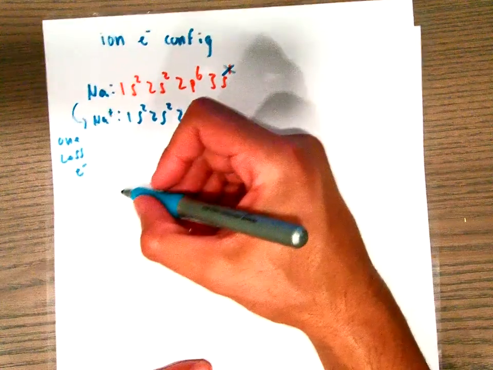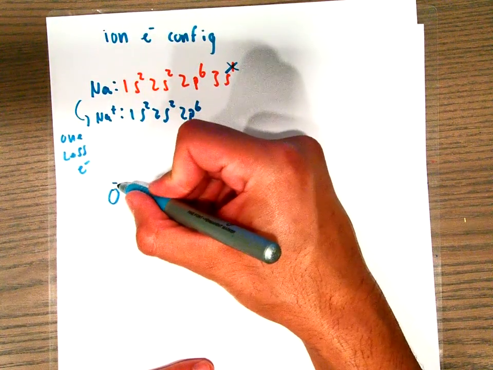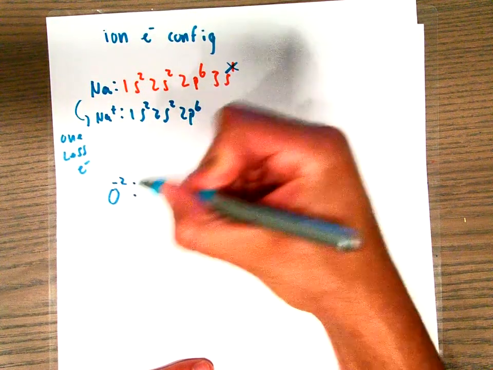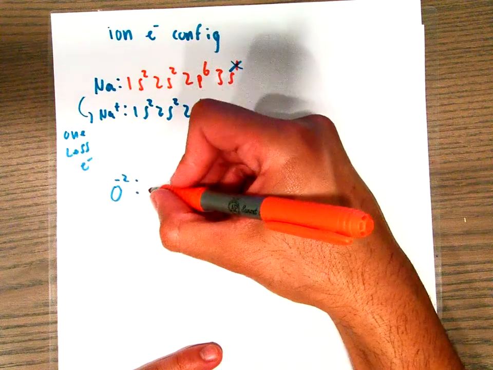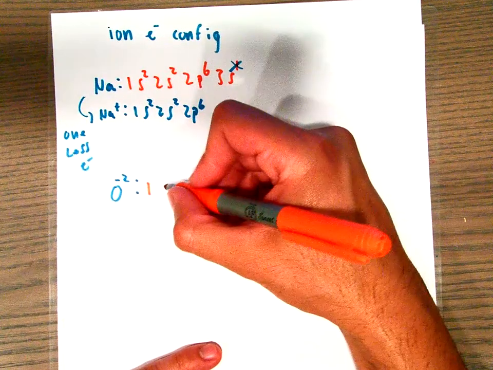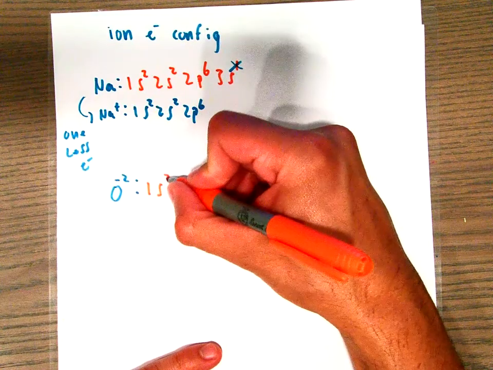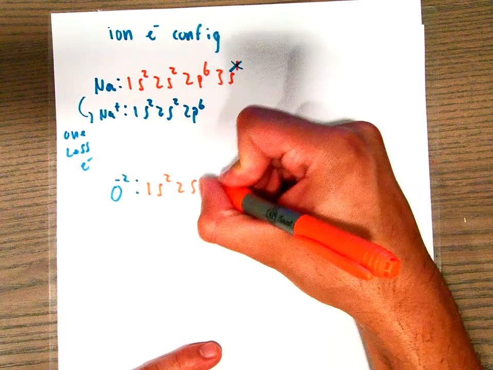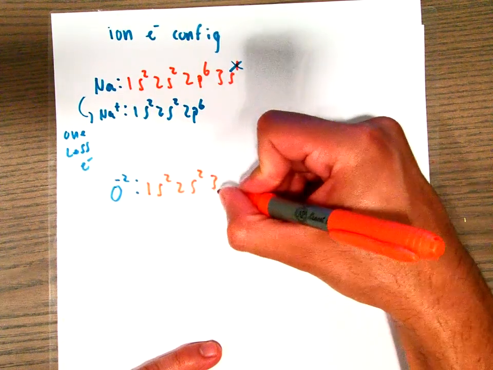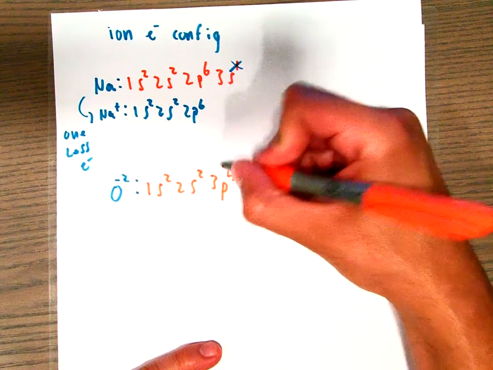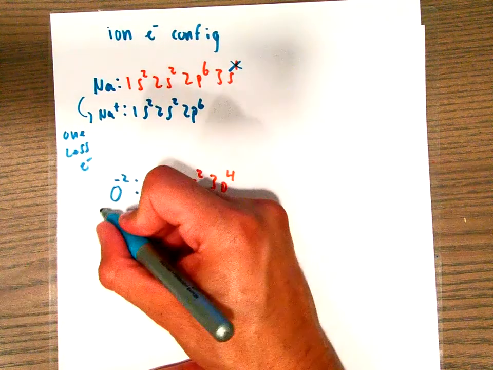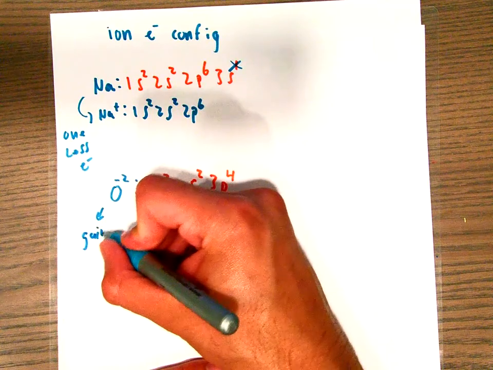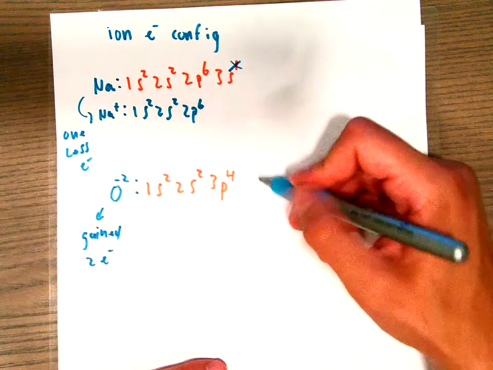Let's say I have oxygen, right? So we'll write the regular configuration for oxygen, and then we'll go ahead and change it. So that's kind of the strategy you can use. So we're going to write oxygen is 1s2, 2s2, 2p4. So that's the regular configuration. Remember, if we have a -2, that means it gained 2 electrons. So it gains 2.